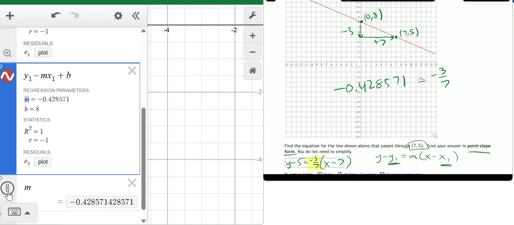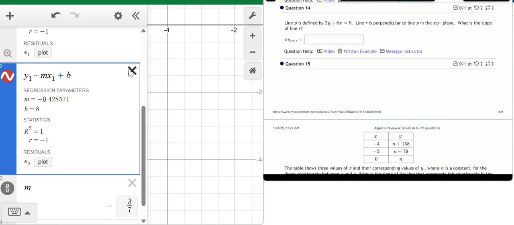And then Desmos allows you to write a rational form or fraction form of a number. So if I then click this, it turns it into the fraction negative 3/7, confirming again that we did it right by our counting. But the counting is easier anyway. I just wanted to show you how you can use Desmos for those two.